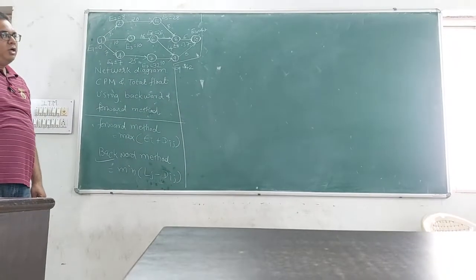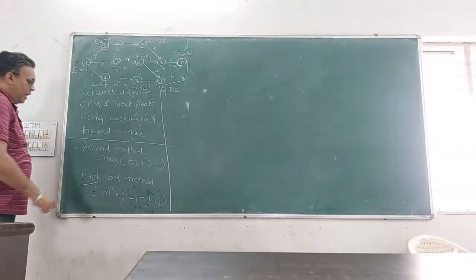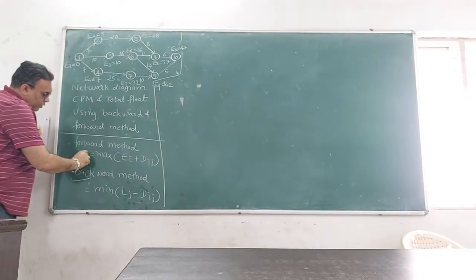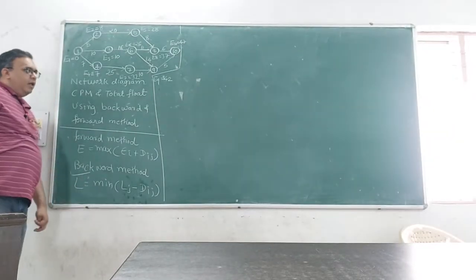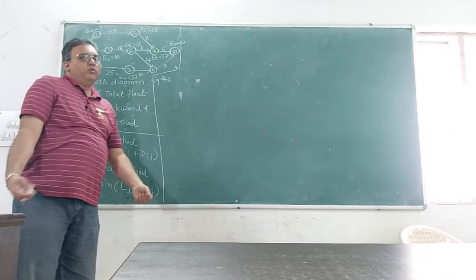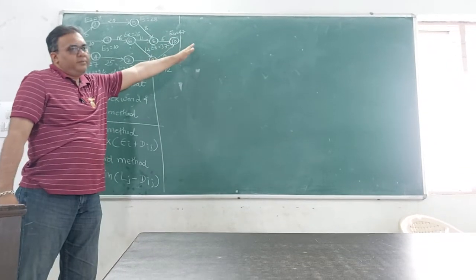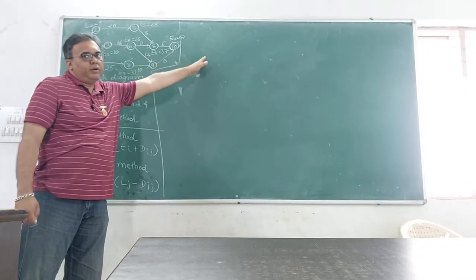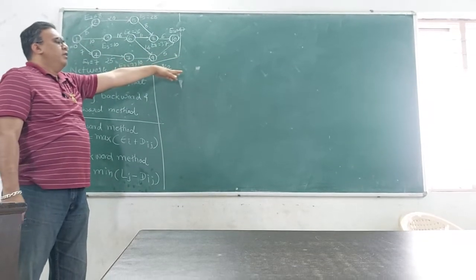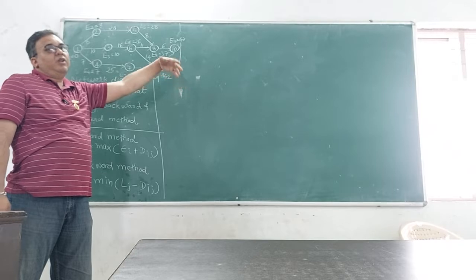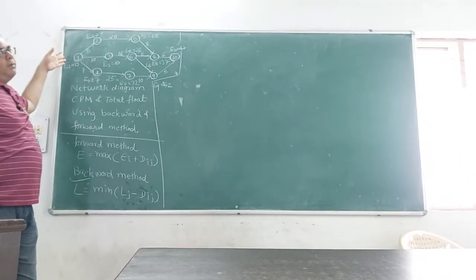For finding out the L value. In forward we are using E and in backward we are using L. So as we know, from the beginning to the end we have arrived, but now what do we have to do? We have to go back from the end to the beginning. That is, with the help of the backward method we are reaching from destination to source.